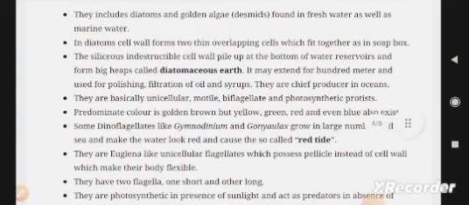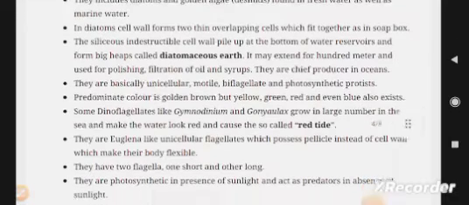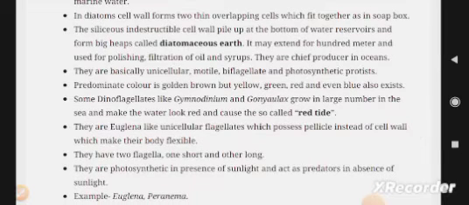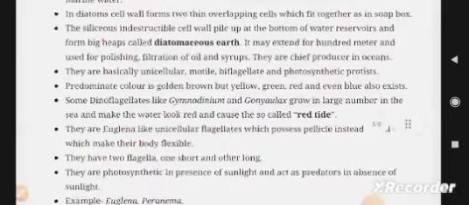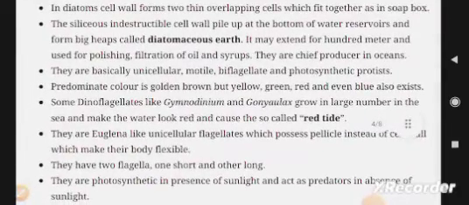In diatoms, the cell wall forms two thin overlapping shells which fit together as in a soap box. These indestructible cell walls pile up at the bottom of water reservoirs and form big heaps known as diatomaceous earth.